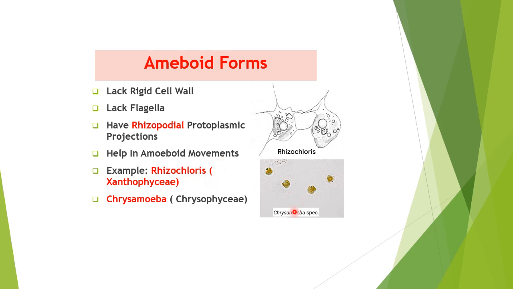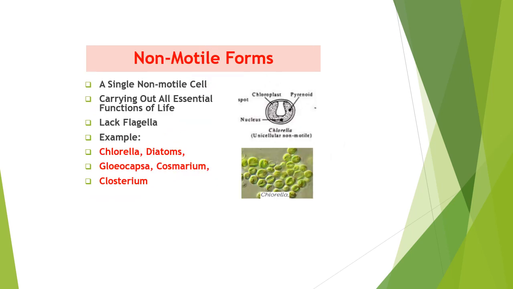The example is Chrysamoeba species, which moves by means of these rhizopodial structures. There is also Rhizochloris, belonging to Xanthophyceae. These are motile forms, but they lack flagella. Their movement is because of rhizopodia.